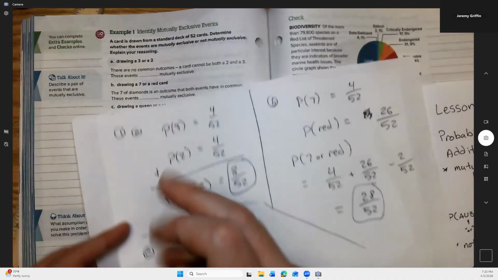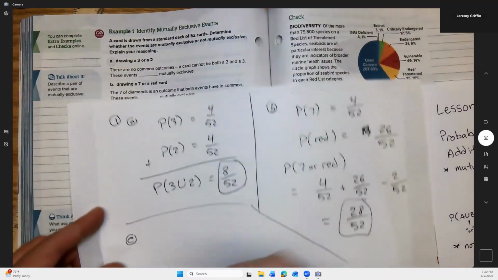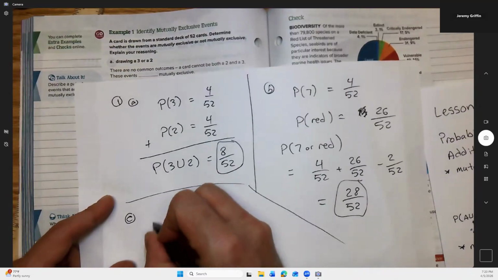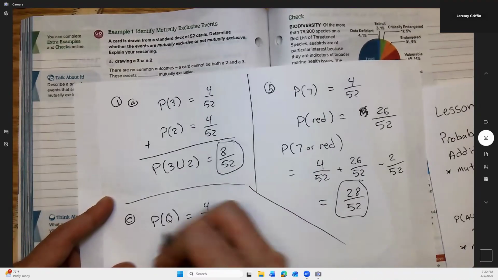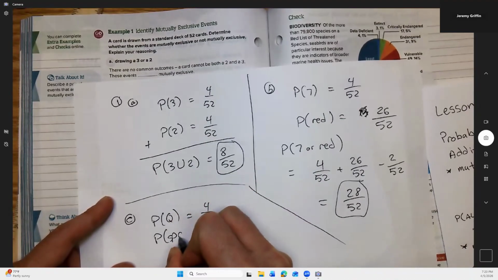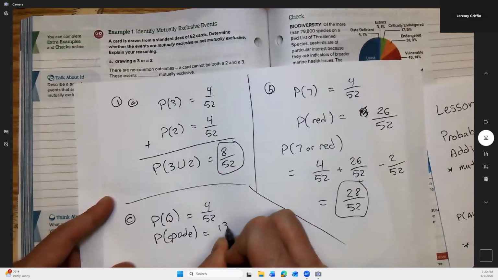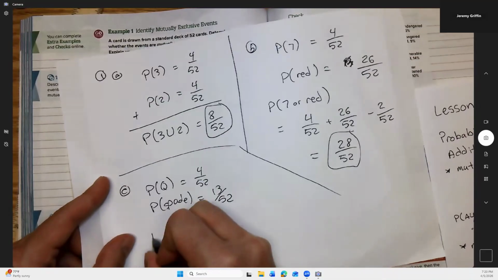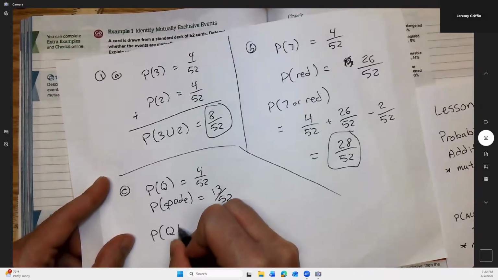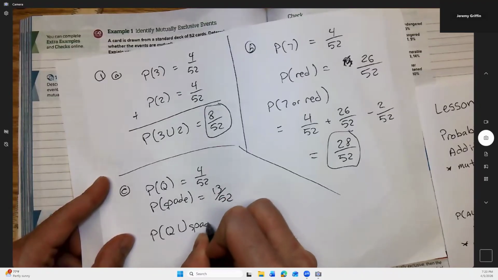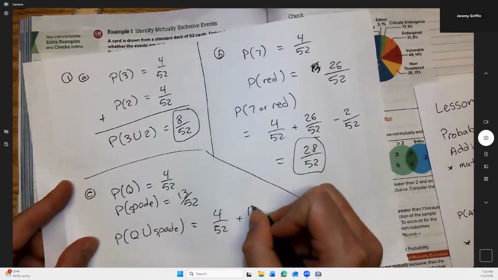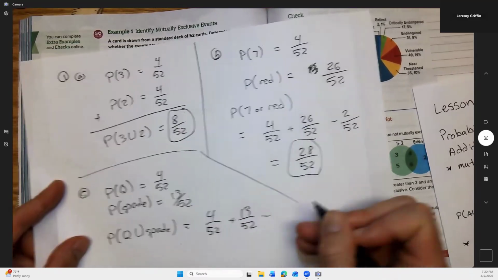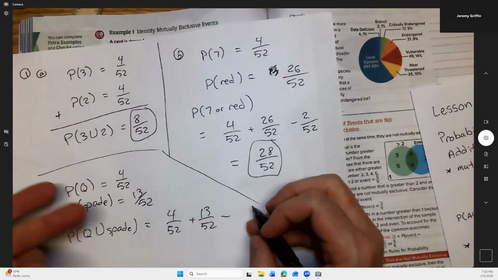Right. Example C, queen or spade. So probability of queen is 4 out of 52. Probability of spade, there's my 13 out of 52. Okay. Probability of queen or spade: I got my 4 out of 52 plus 13 out of 52, but I have to subtract the spade queen.